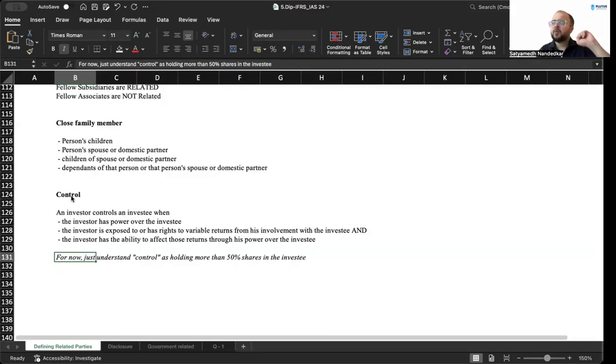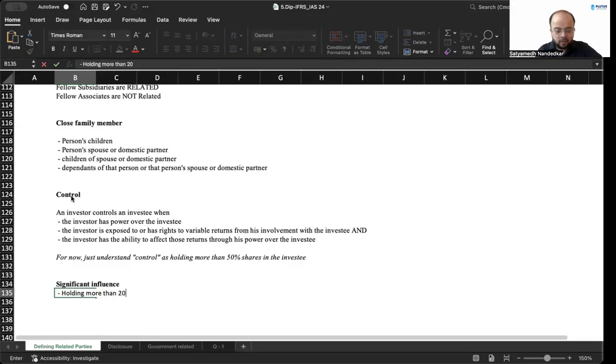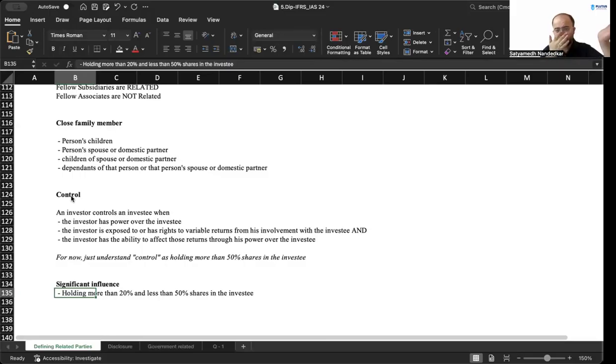But right now, when we are looking at related party disclosures, understand control as holding more than 50% shares over the other entity, and significant influence. Again, when we do consolidation, when we understand what are associates, I will explain significant influence in greater detail. But right now, just keep one thing in mind: holding more than 20 and less than 50% shares in the investee. There are other aspects also of significant influence in terms of composition of the board, and all of those points will come into picture. But for now, let's not focus on that.